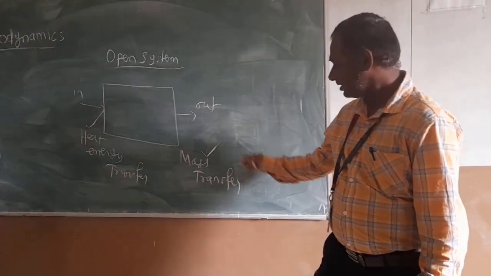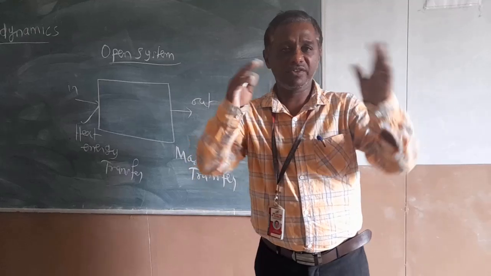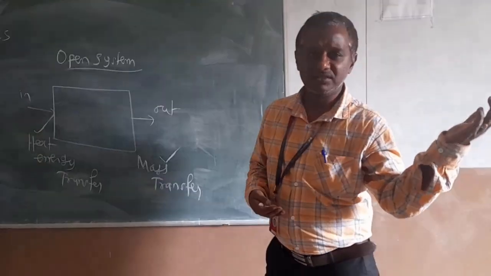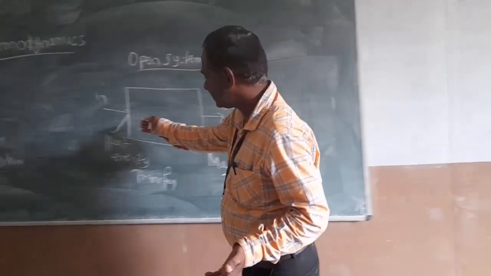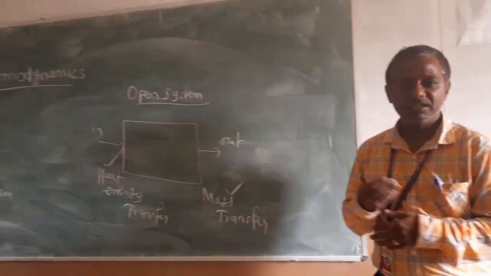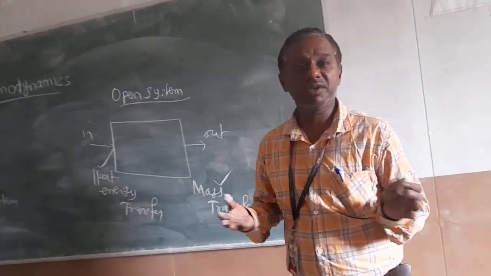And what about the mass transfer? In mass transfer, let's take air: the amount of air is sucked in during the suction stroke, so the mass is transferred into this system. While combustion takes place, the air plus fuel both mix and are burnt.